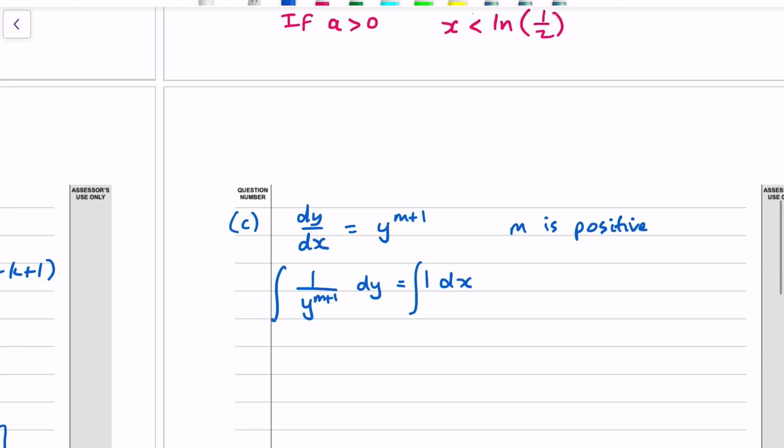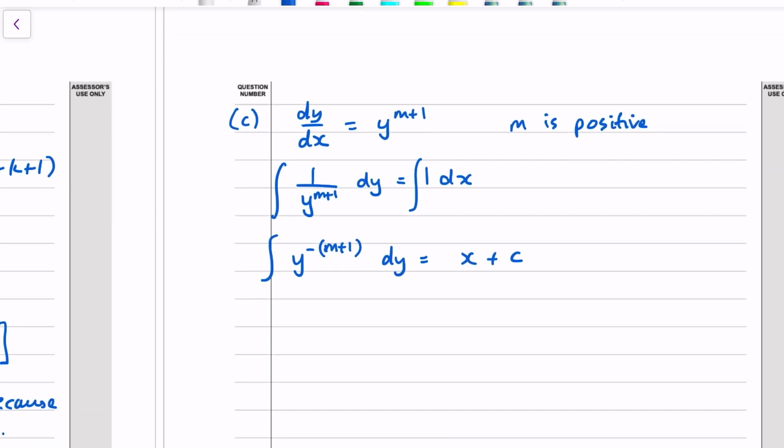Now don't get carried away and go, oh, it anti-differentiates to log. It would only anti-differentiate to log if m was equal to 0, because we'd have 1 over y. But m is positive, so it doesn't anti-differentiate to log. We need to write this as y to the negative m plus 1 to bring it up to the top. Put x plus c. The integral of 1 is x, and then we increase the power here.